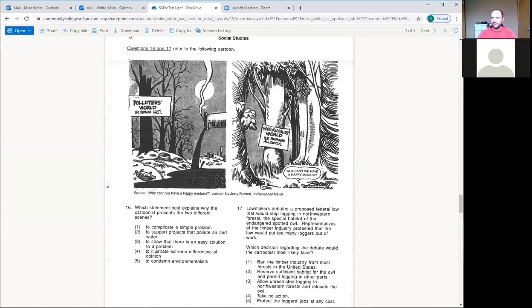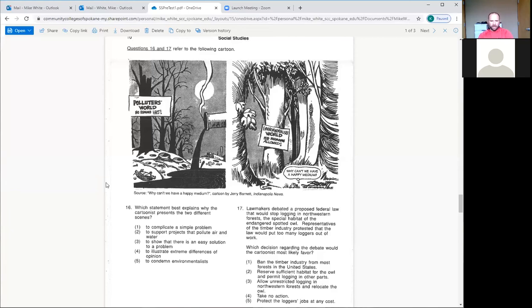So it's very intentional, right? The cartoonist is meant to show this wasteland on one side and then a pristine forest on the other side where no humans are allowed, right? So it's obvious that he's trying to polarize both sides. So let's look at these 5 options before I end up giving away our answer.